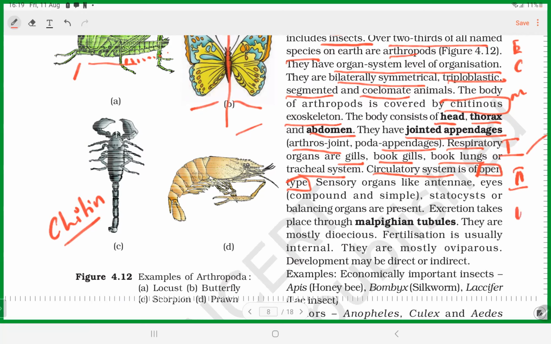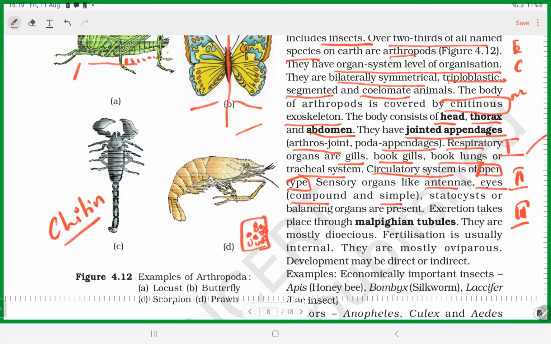And then third is the sensory system. They have antennae and eyes, compound eyes or simple eyes. Compound eye means many eyes come together and take multiple images, then finally one image is processed.